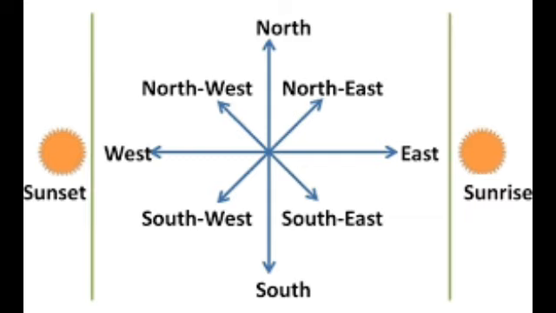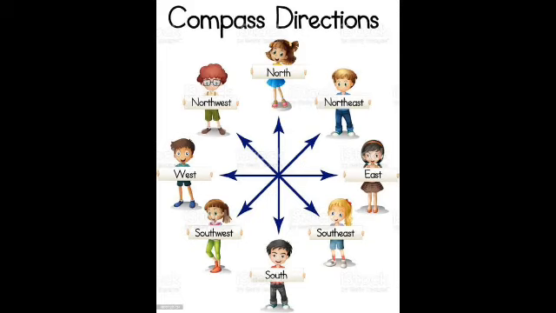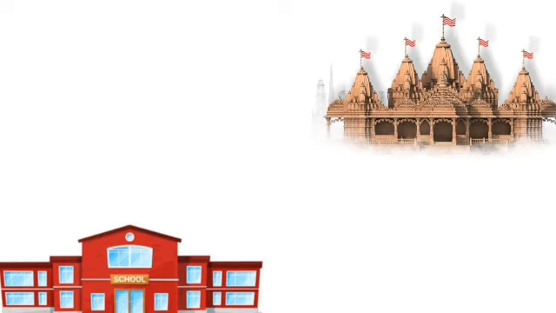These intermediate directions are very helpful in locating any place more accurately. Okay, let us try to locate some places with the help of these intermediate directions. Can you tell me in which direction of the temple the school is located?